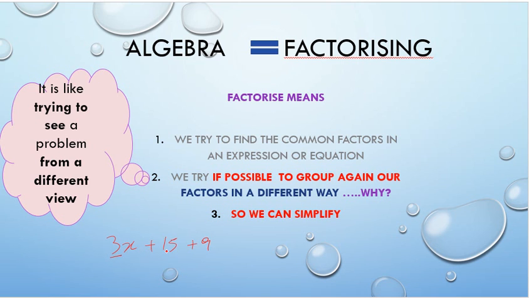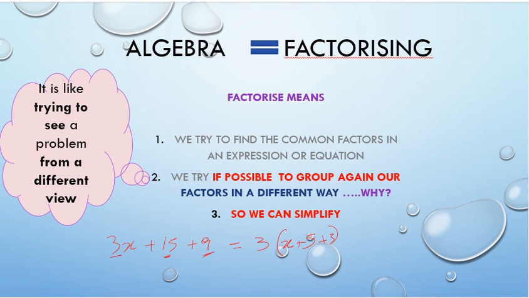There is a 3 here. There are 5 3's here, and there are 3 3's here. I can say, okay, 3 can be my common factor. I have it outside, and now what do I put inside? I took that 3 from here, so I put inside x, plus I took the 3 from here, so I don't have any more 3. I have 5. I took the 3 from here. What's left? 9 divided by 3. It's another 3. So this is the quick way we discuss factorization.